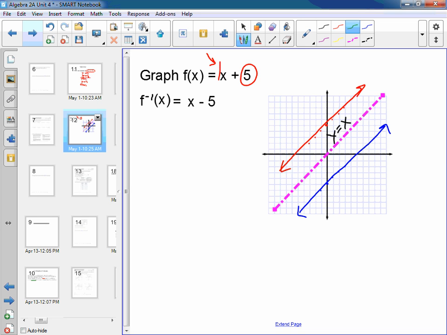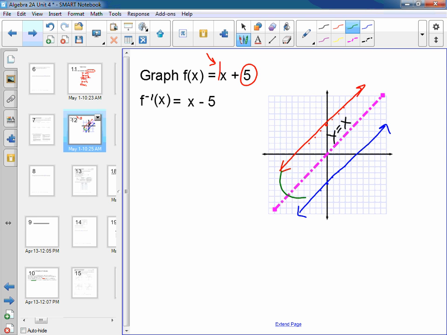And as you look at it, you can see that if you fold the graph over that line, the blue and the red lines will meet up. They're the same distance away, they'll match up. Or we can say you can flip it, they're symmetrical over that y equals x line. That's an important thing to know about inverse functions.